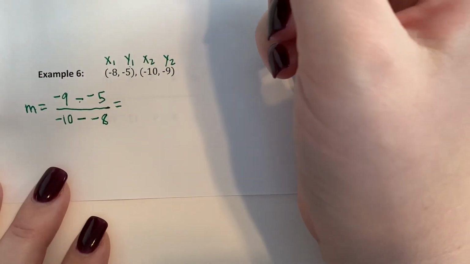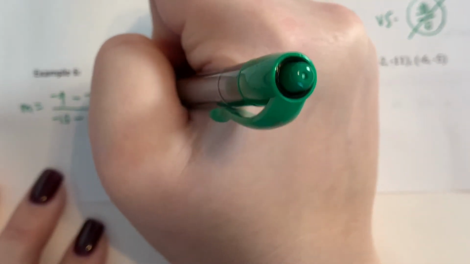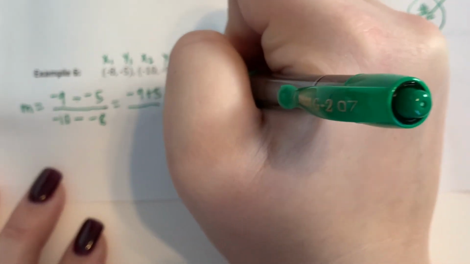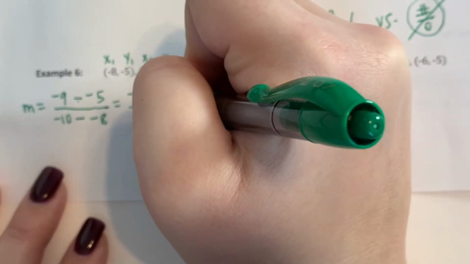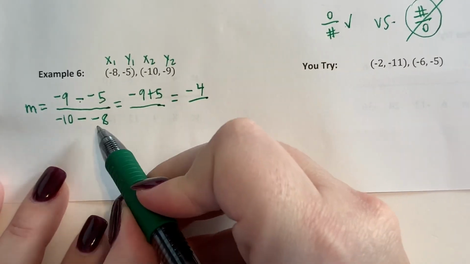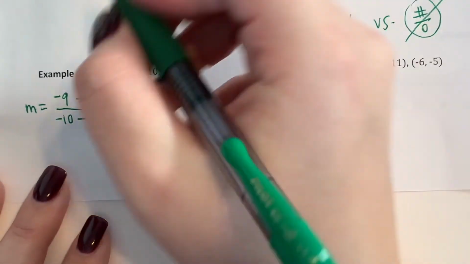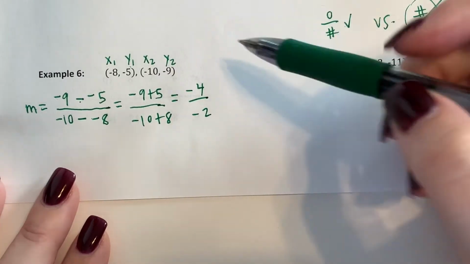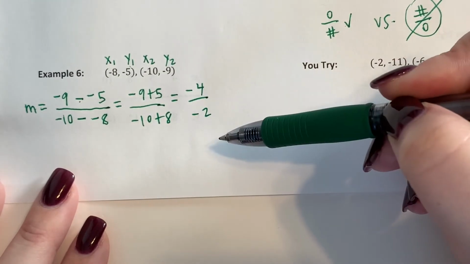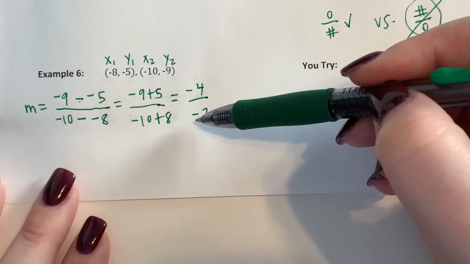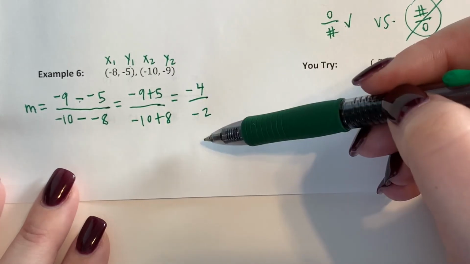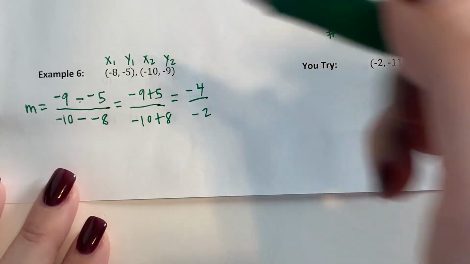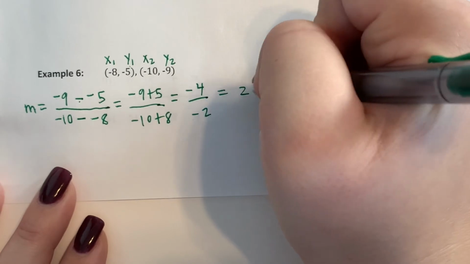So -9 minus a -5 becomes -9 plus 5, which gives us -4. And in the bottom, -10 minus a -8 becomes -10 plus 8, which gives me a -2. And so then I'm doing -4 divided by -2. Well, negative divided by negative is a positive. That cancels. So we're really doing 4 divided by 2, which gives us a slope of 2.